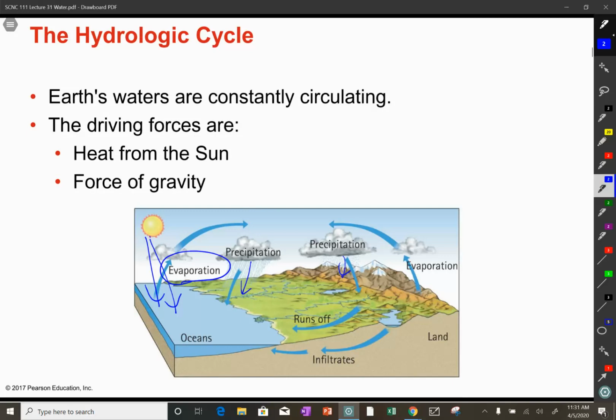And then once the water is on the earth, it can either run off, that is, flow across the surface, or it can infiltrate, go underground, and flow underground. So gravity is what makes the water come down, and it's the heat warming up the water that makes it evaporate, and because it's high temperature, it tends to rise.